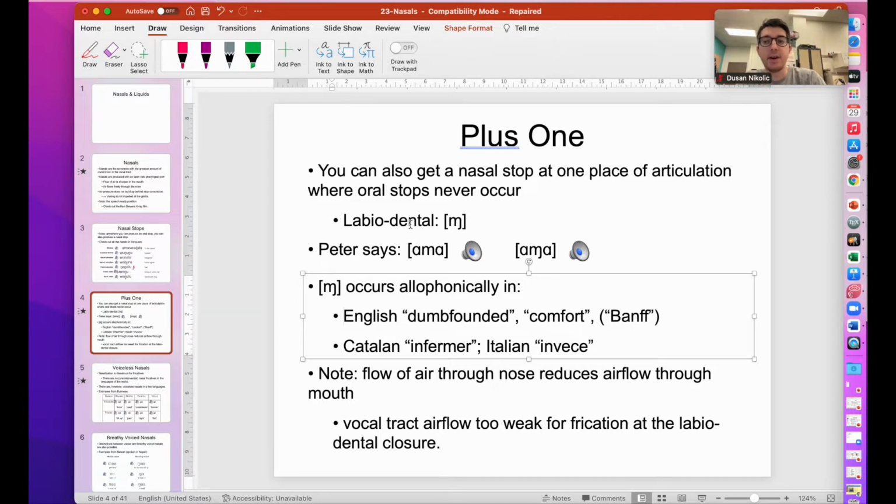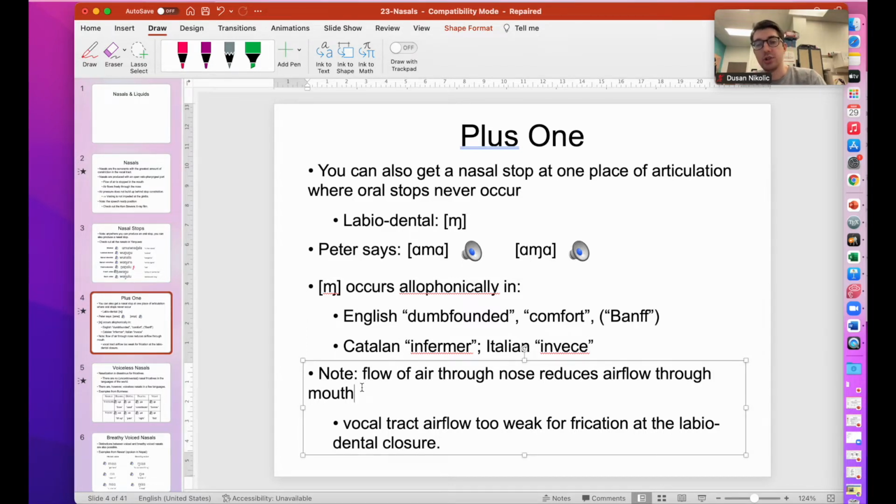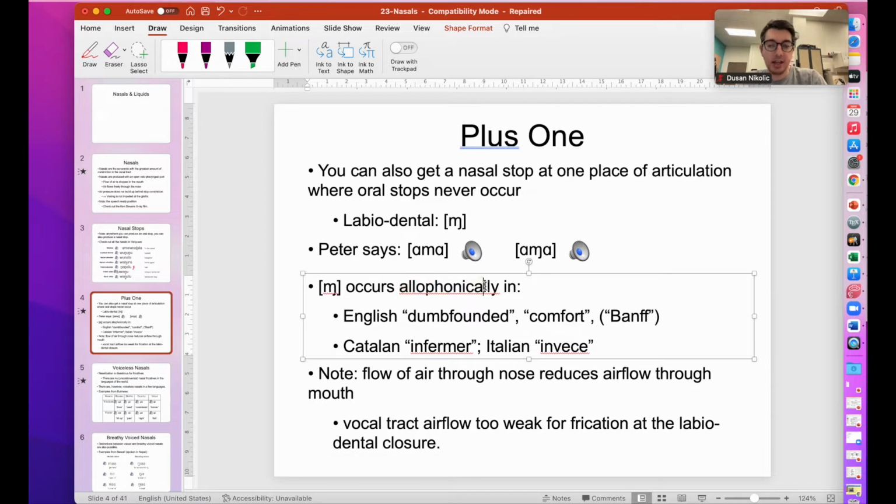In English, for example, dumbfounded, comfort, even Banff, but in Banff, usually the vowel is nasalized. In Catalan, in fermer, in Italian, invece, so on and so forth. It occurs allophonically in many languages.